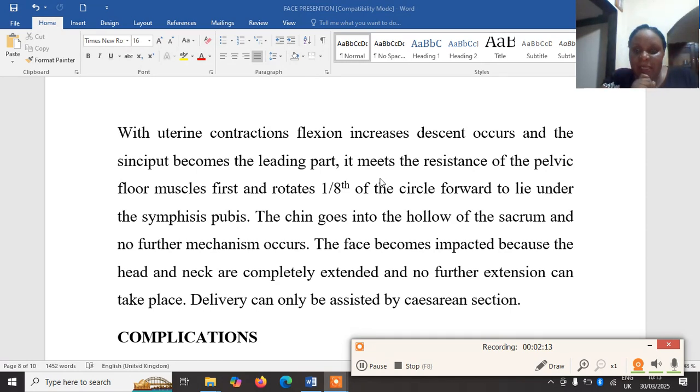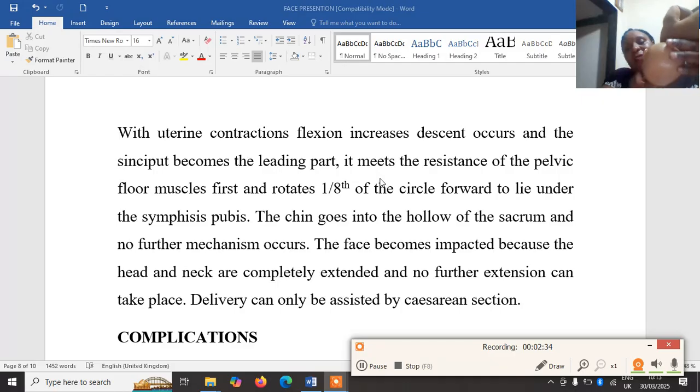And it meets the resistance of the pelvic floor muscles, and it rotates an eighth of a circle forward to lie under the symphysis pubis. The chin goes into the hollow of the sacrum and no further mechanism.